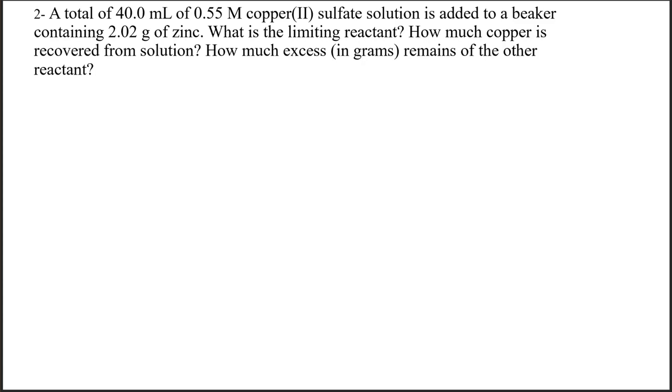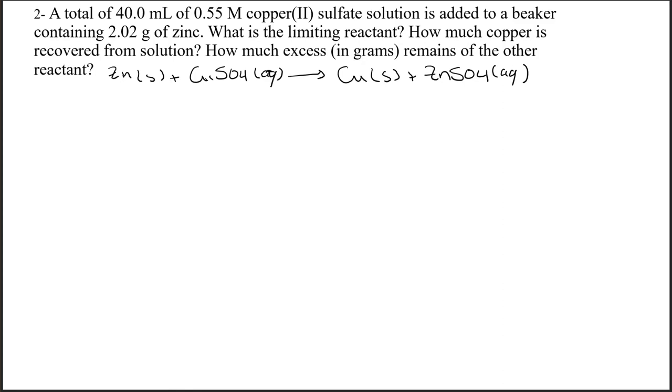So first of all, let's write the equation. So we're looking at a single displacement reaction of zinc and copper 2 sulfate. So from this reaction, we would expect copper metal and zinc sulfate.